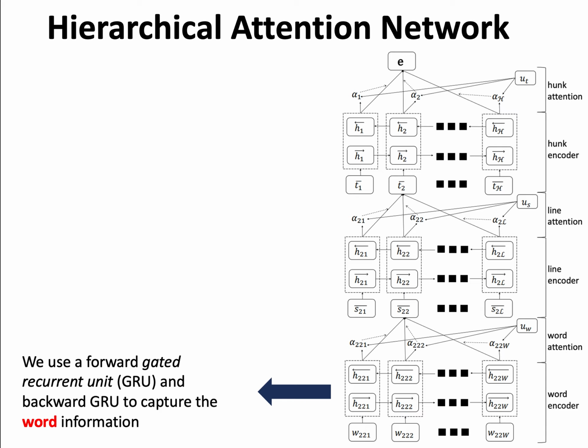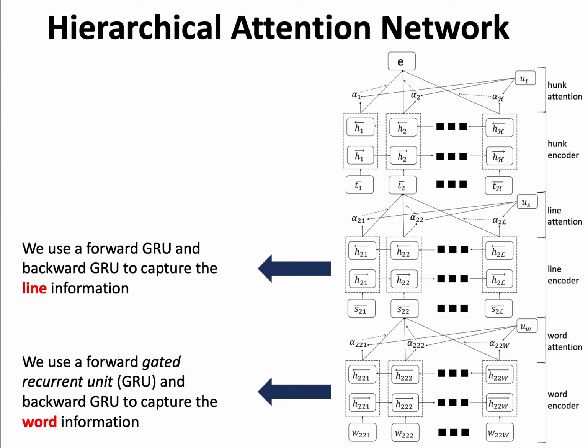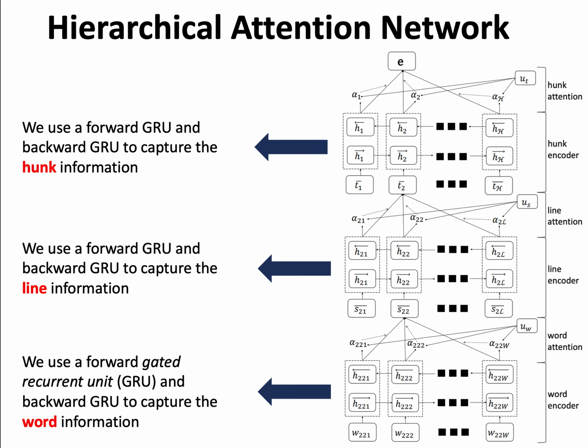For each line, its vector is computed as a weighted sum of the embedding vectors of the words based on their importance. We do a similar process for the line encoder, the line attention, the hunk encoder, and the hunk attention. The embedding vector of each file in the code change is computed as a weighted sum of the embedding vectors of the hunks.